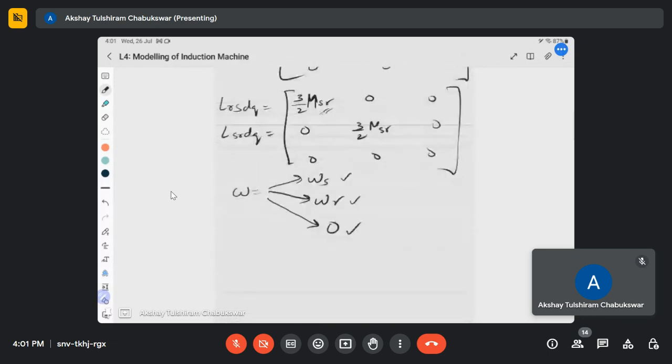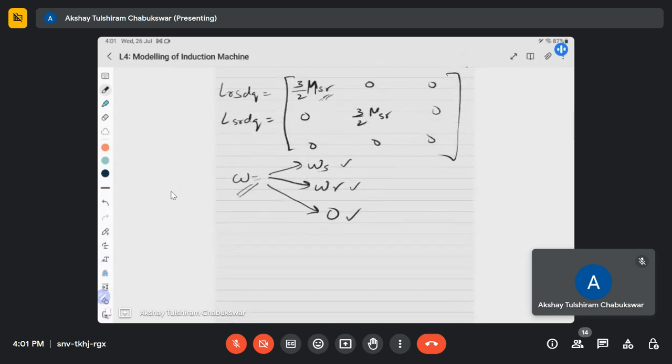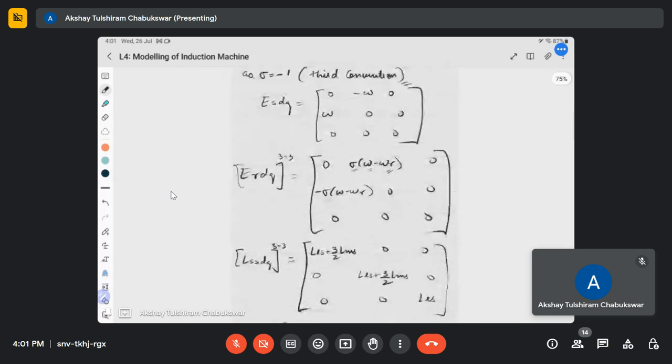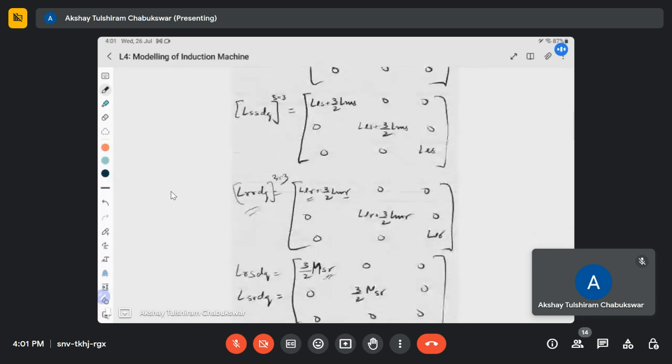Later, based on your choice of omega, convention, and the rotor type, that is squirrel cage, wound rotor, or slip ring induction motor, you can substitute these three selections in the final equation. That will be the modeling of the induction motor in that respective scenario.